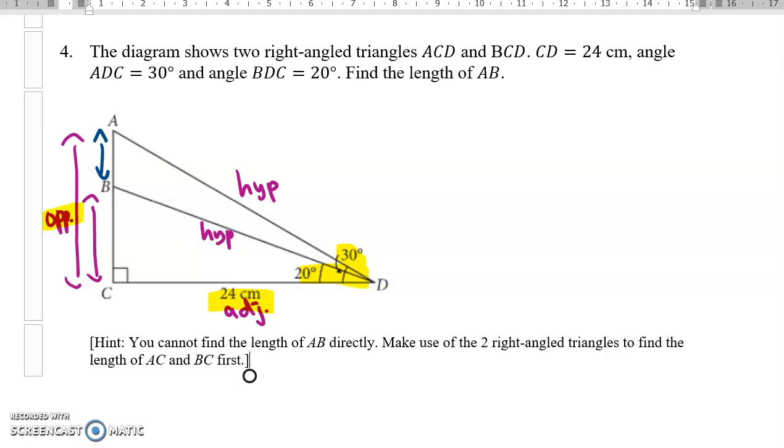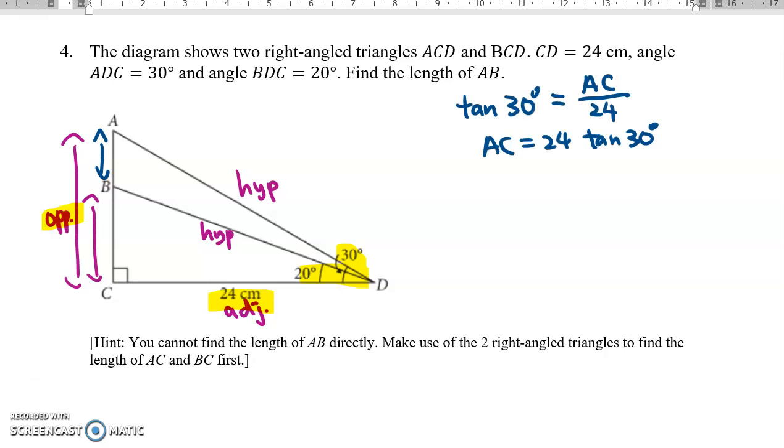To find the length of AC, I'll make use of the larger triangle. Making use of the trigo ratio tangent, I will have AC is 24 tangent 30. I'm not in a hurry to evaluate this value because I know that I'll need to do my subtraction later. So I'll keep AC as this and I go on to find BC.